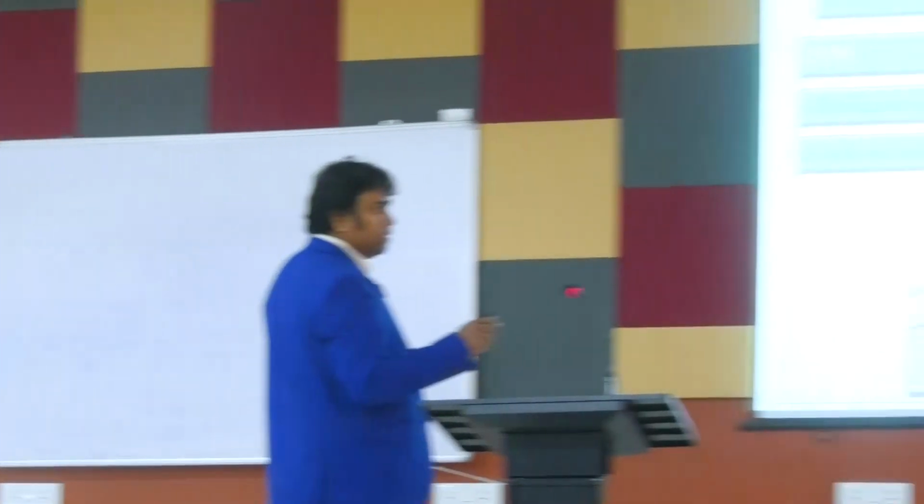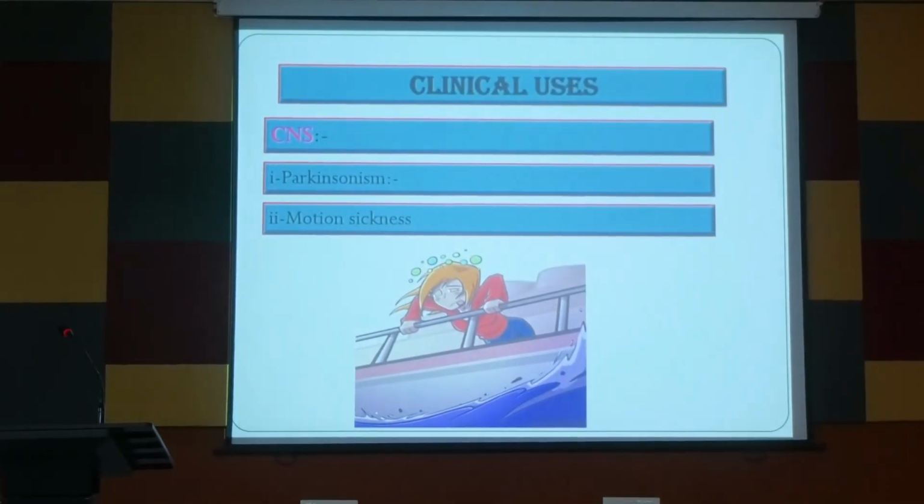Haloperidol, a D2 receptor blocker. In drug induced Parkinsonism, the drug of choice is a centrally acting anticholinergic, benzhexol or benztropine. Clear? Then motion sickness, drug of choice is hyoscine.